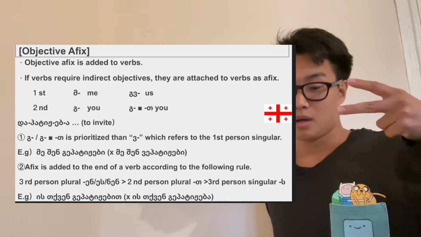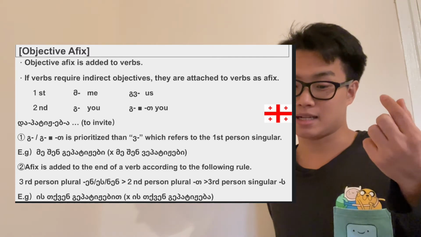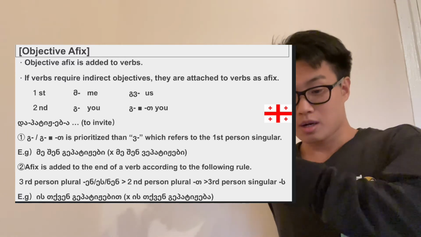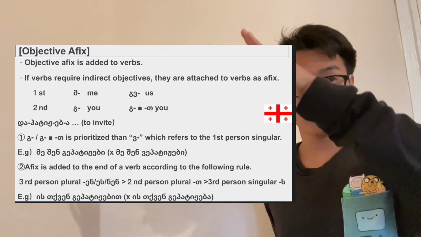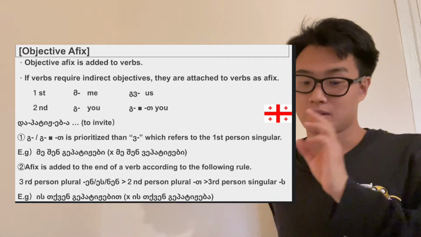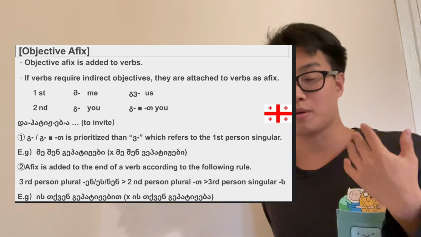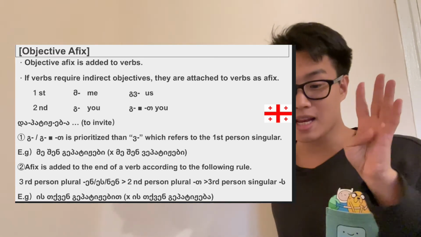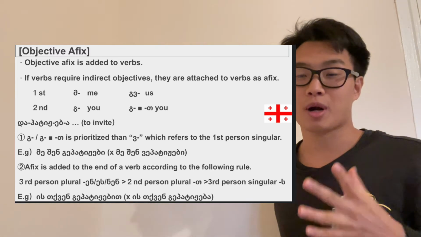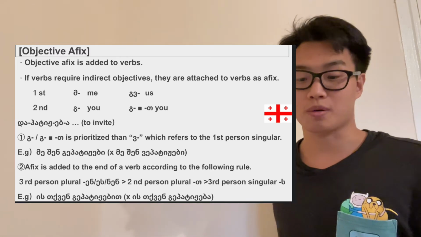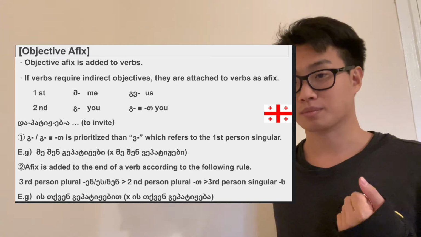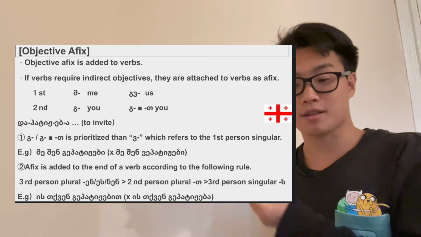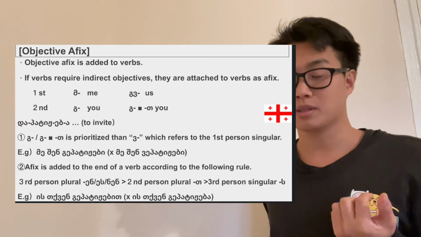And the second rule: the objective affix is added to the end of the verb according to the following rules. There are some priority hierarchies. First of all, the third person plural endings, for example n, s, and n, are prioritized over the second person plural marker t. This t is again prioritized over the third person singular form, s.